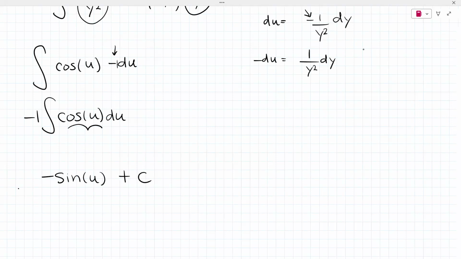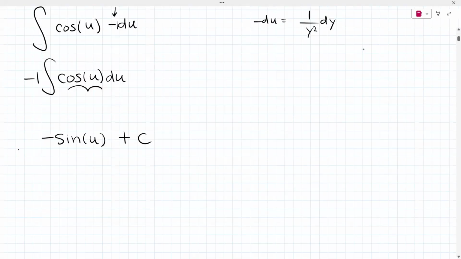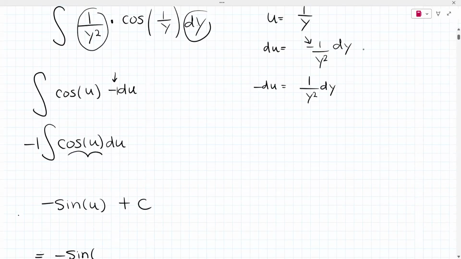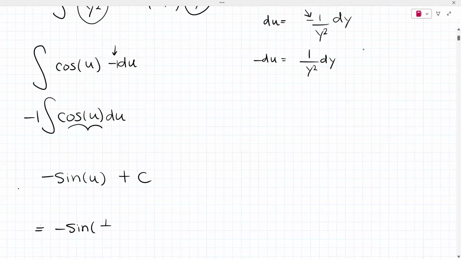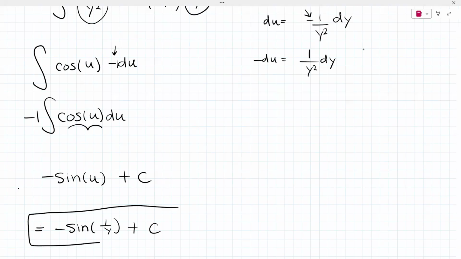And why do we have to put a plus c? Because we don't have any boundaries. So my final answer is going to be negative sin, and then you're going to replace u with 1 over y plus c. Okay, that is your final answer.